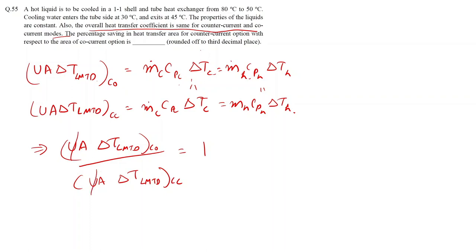And let's just call the area for co-current flow ACO, and the area for counter current flow ACC. So this ratio will be equal to delta T LMTD for counter current flow upon LMTD for co-current flow.